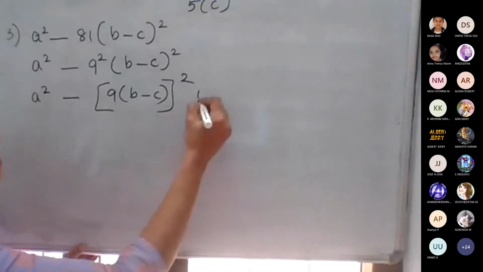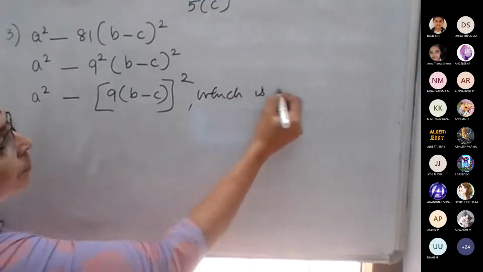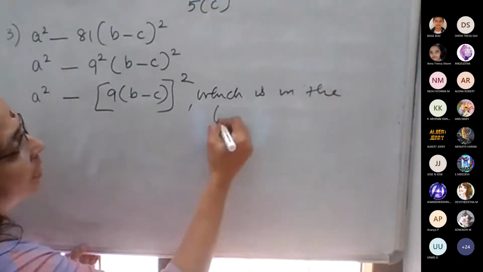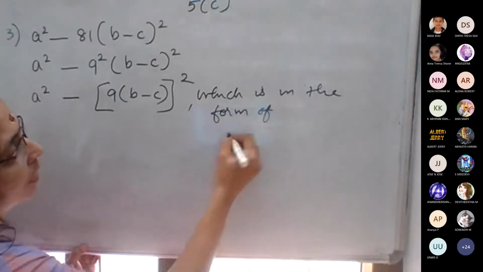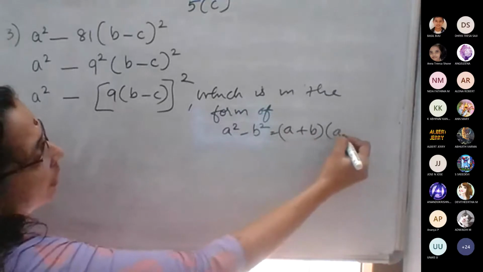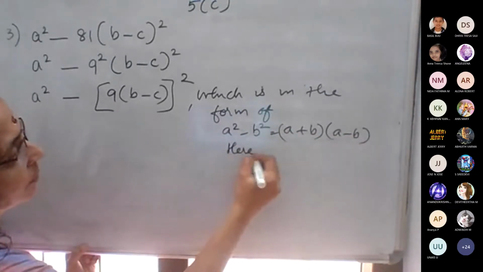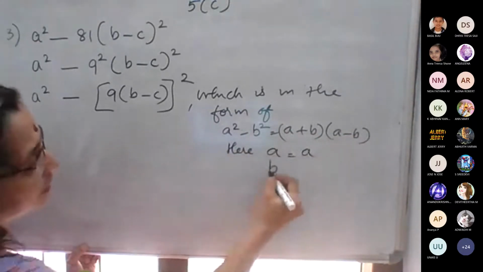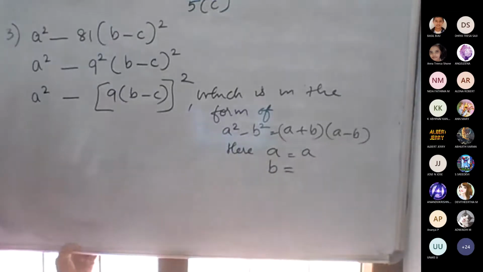So this is in the form of a square minus b square, which is equal to a plus b into a minus b. Here, a is equal to a and b is equal to 9 into (b minus c).